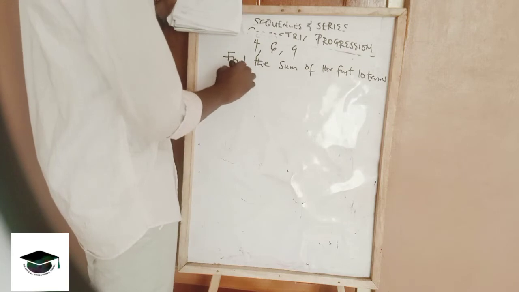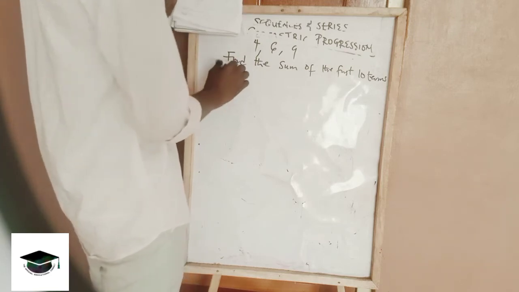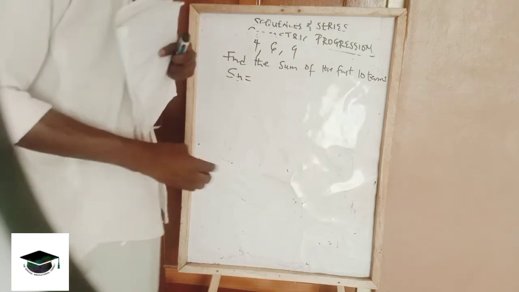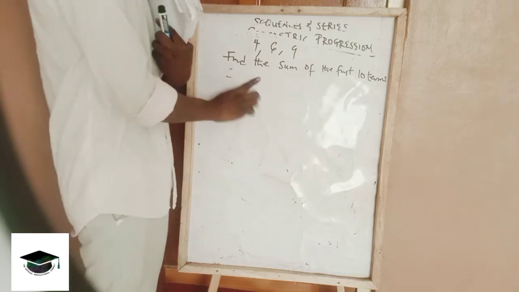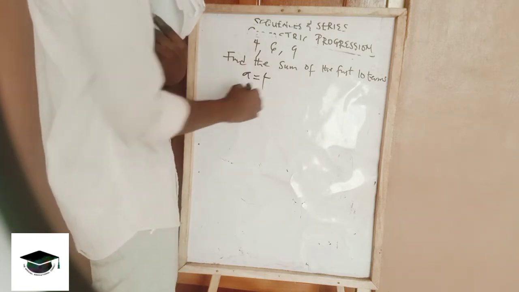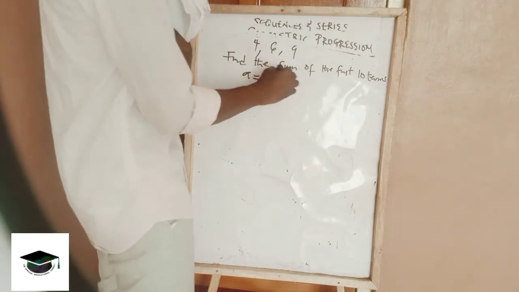That means S10, right? Normally, we know our Sn equals to what? Firstly, for us to know the kind of formula we're going to be using, we need to first derive what our common ratio is. So normally we know our A is 4, which is the first term, right? Now the common ratio is going to be what?